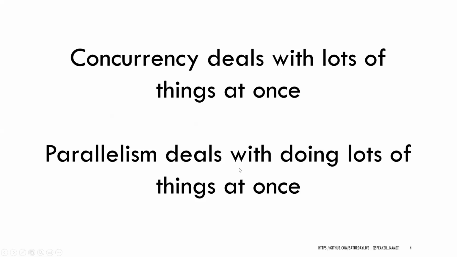But parallelism deals with doing multiple things at once. For example, we want to download some images from the internet, so we can create multiple threads in parallel and execute all of them at once. But in case of concurrency, we need to make sure that all of the threads coordinate or synchronize with each other to get things done for us. So this is the difference between concurrency and parallelism.